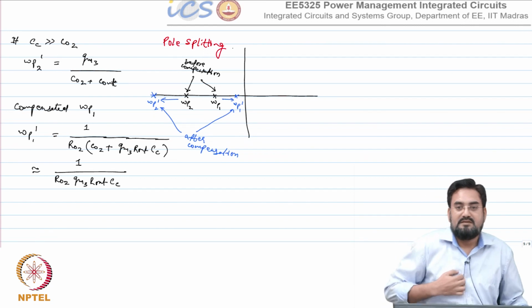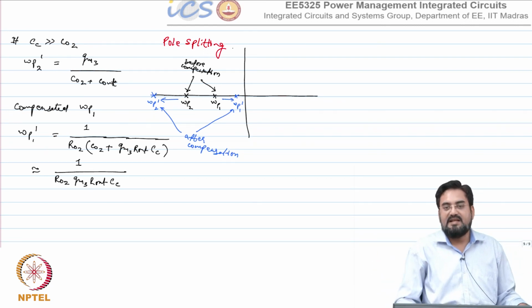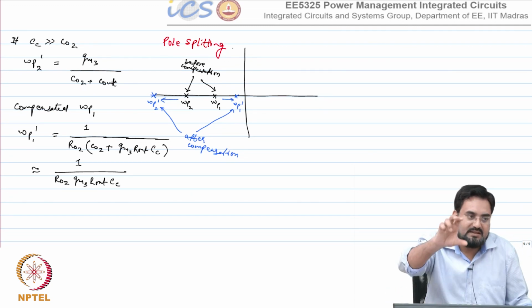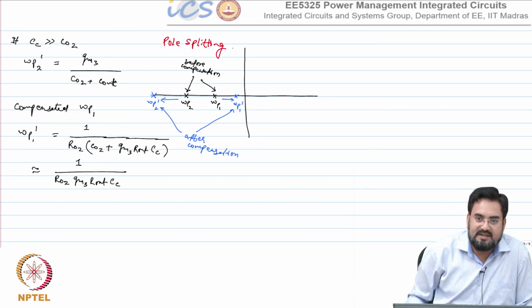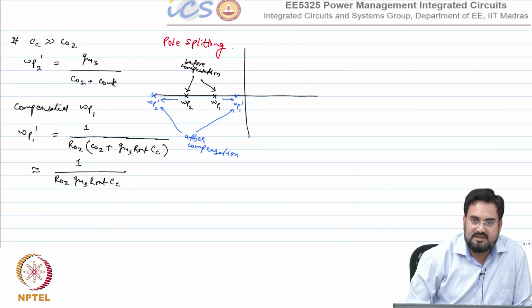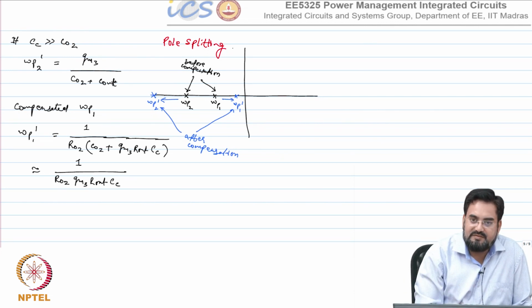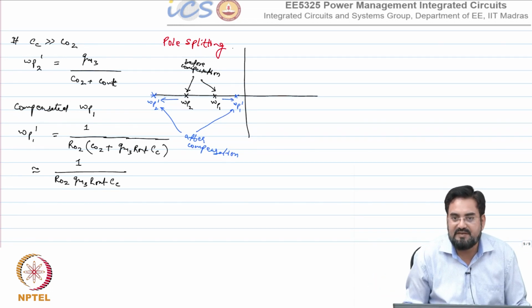splitting. If you remember the previous case, when we didn't have Miller compensation, the normal dominant pole compensation, where you add the capacitor at the output of your first stage, your second pole is not moving, it remains fixed. But now, along with your first pole moving to a lower frequency, the second pole is moving to a higher frequency.